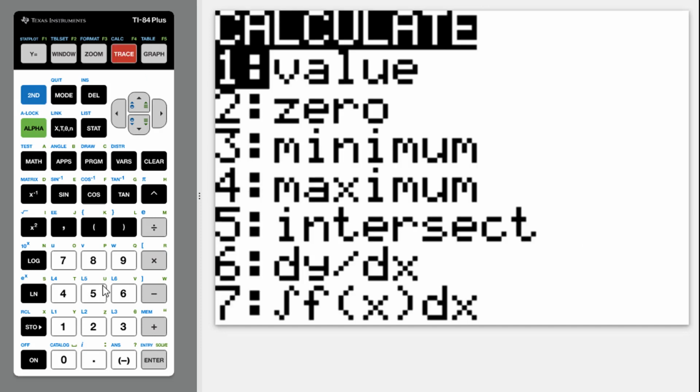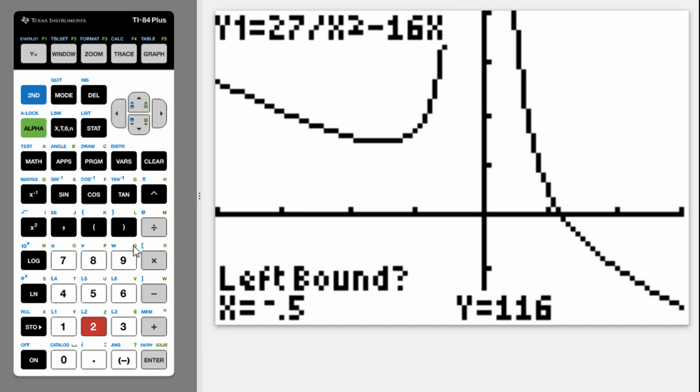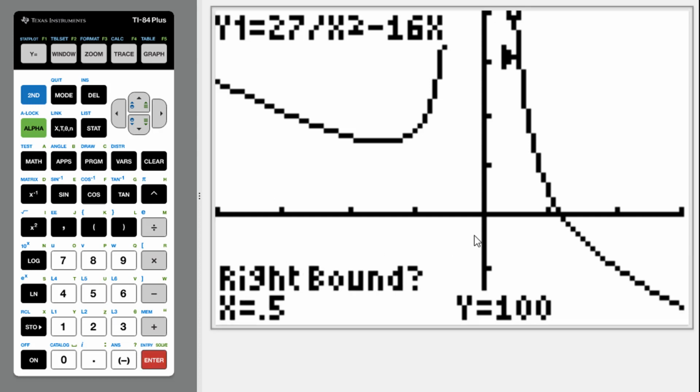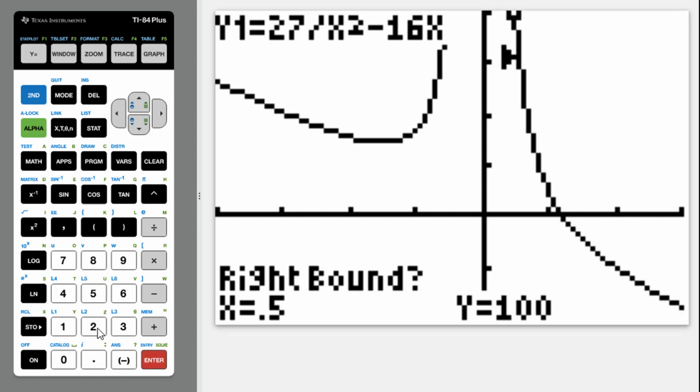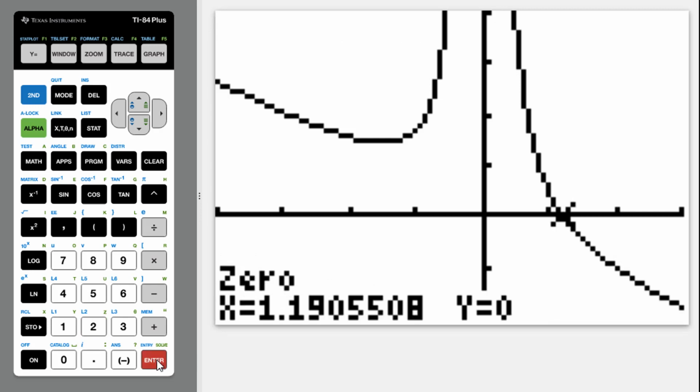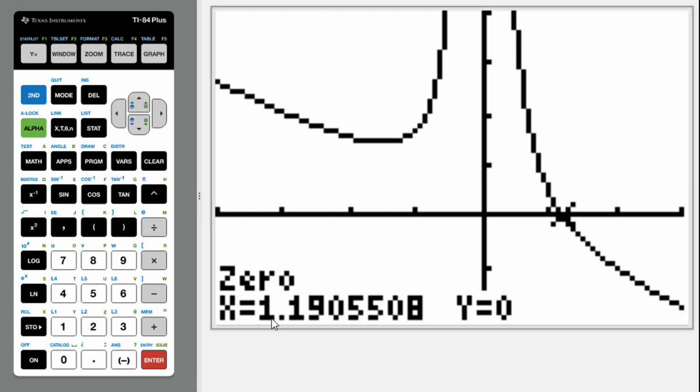Second trace, press 2. I will put 0.5 as the left bound. Right bound, let's do 2. Enter, then enter. You will get the answer 1.19 to 3 significant figures.